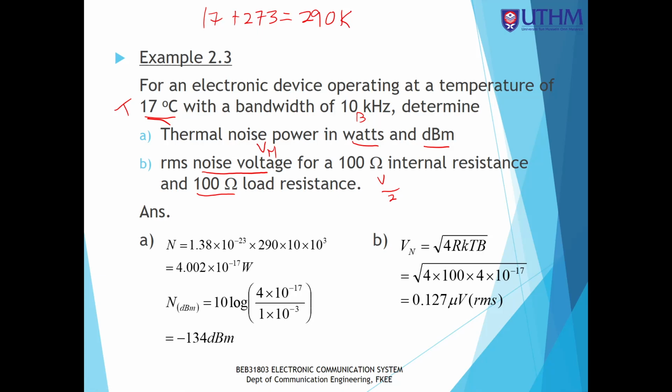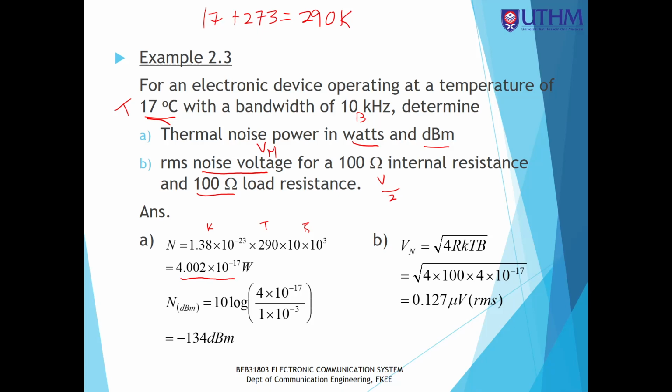Let's do the first question: find the thermal noise power. Noise power N equals KTB. You will get 4.002 multiplied with 10 power of minus 17 watt.